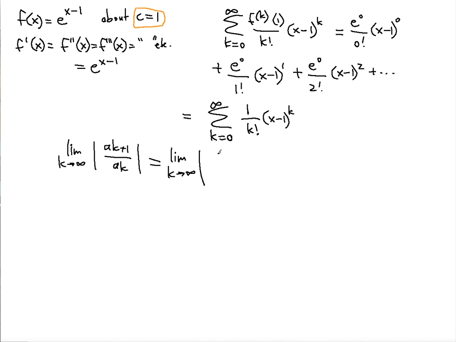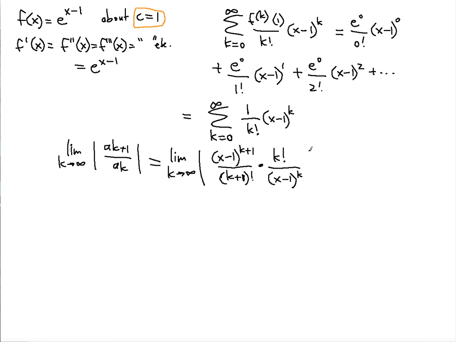So that's going to be x minus 1 to the k plus 1 over k plus 1 factorial, because that's the current term, divided by the previous term. The previous term, without the k plus 1, is going to be k. But instead of dividing by this whole thing, let's multiply and flip this fraction. So k factorial goes on top, x minus 1 to the k goes on the bottom.